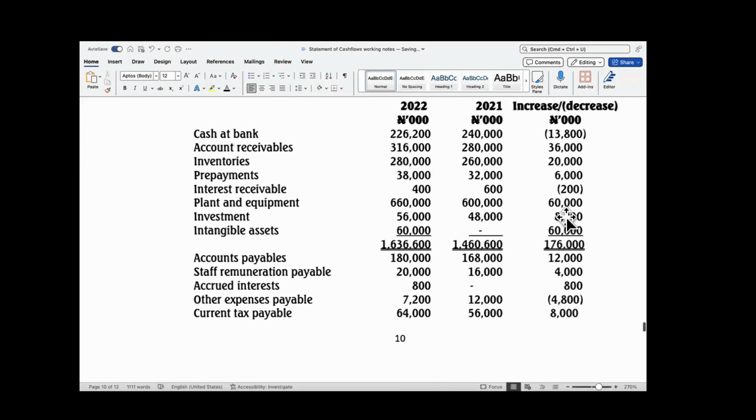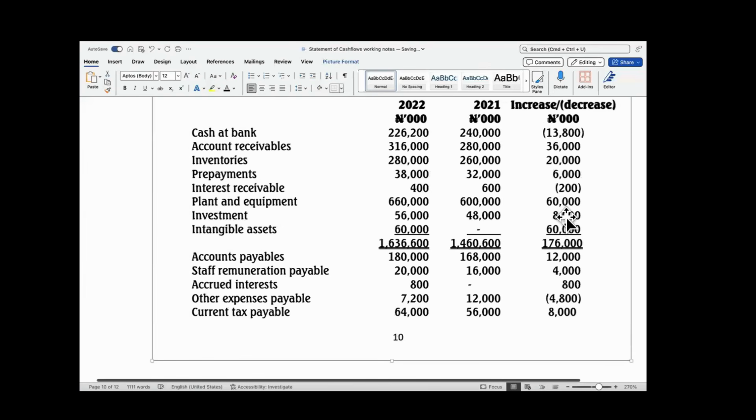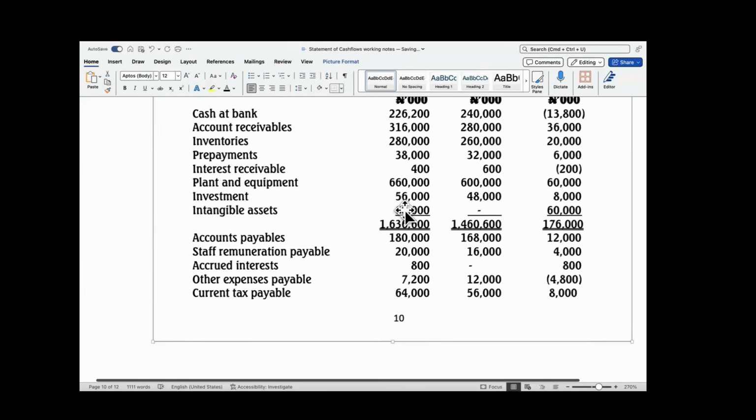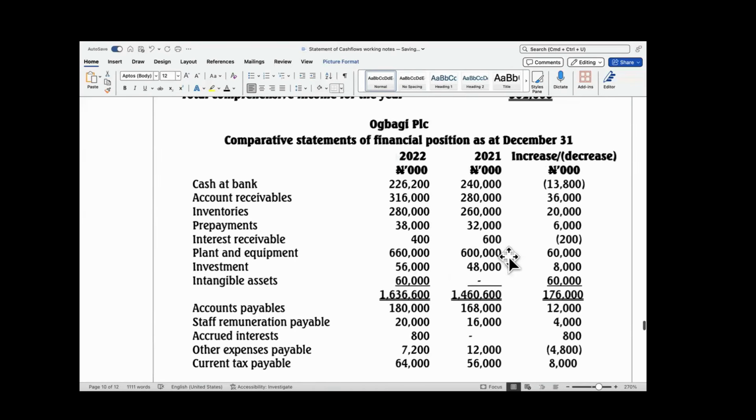Then the next one also is this intangible assets. It increased by 60.